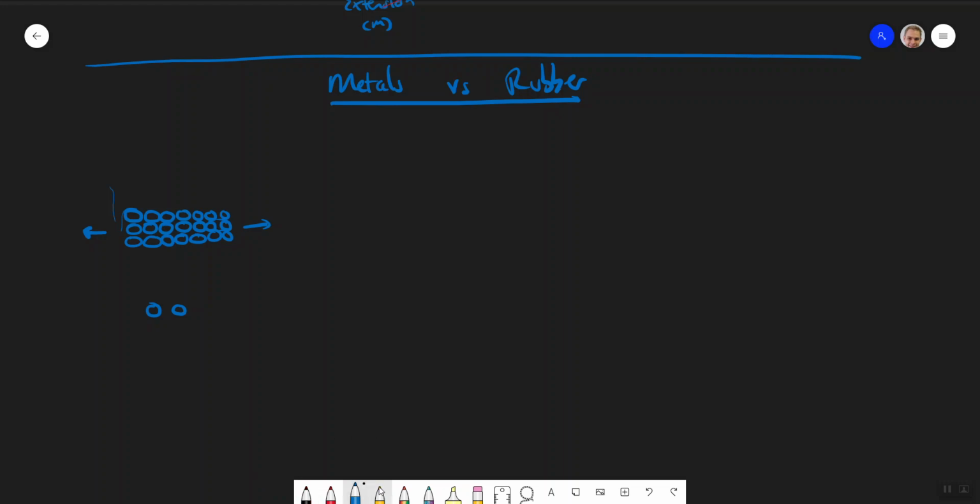One of the ways we can model the actual things between particles is to model each particle as almost having a little spring between them. So we can stretch them, and they all stretch because they've all got little springs between them. They're just like little particles connected by tiny little springs, is kind of how we model it.